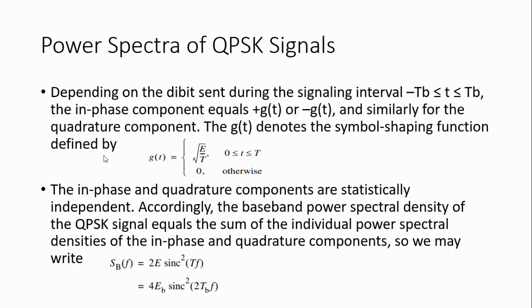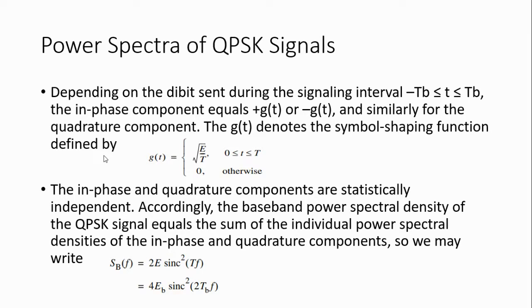Power spectrum of the QPSK signal. Depending upon the dibit sent during the interval -Tb to +Tb, the in-phase component is equal to plus or minus g(t), and similarly the quadrature phase component is also plus or minus g(t). The g(t) function is square root of E/T for 0 to T. The in-phase and quadrature phase components are statistically independent.